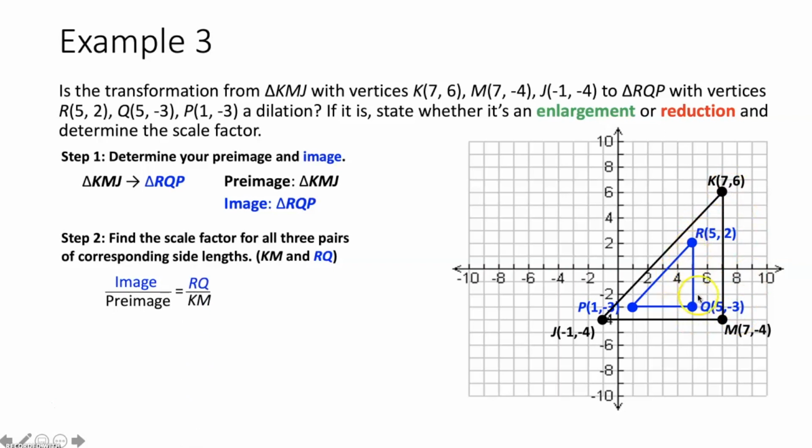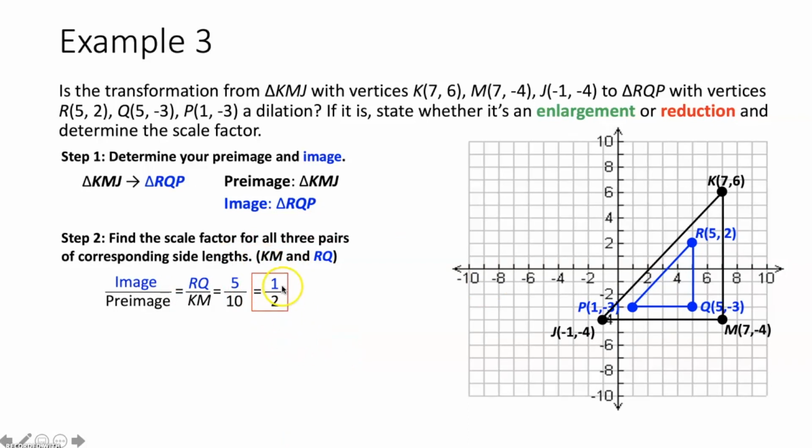Well, I need to find the measure of segment RQ. Since this is a vertical line, I can just count the distance between each of these points. So the measure of segment RQ would be 1, 2, 3, 4, 5 units. The measure of segment KM, again, we have a vertical line, so we can just count 1, 2, 3, 4, 5, 6, 7, 8, 9, 10 units. So we have a scale factor of 5 over 10, which simplifies to 1/2.